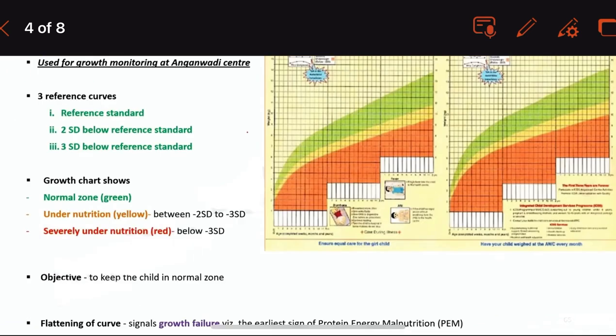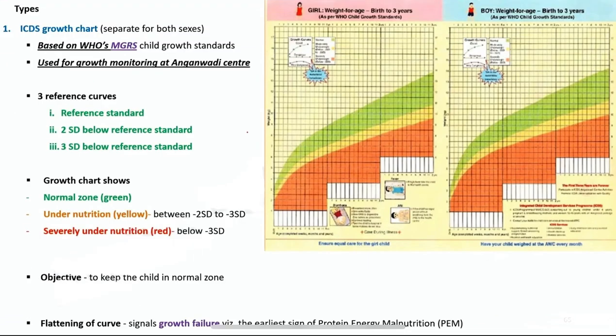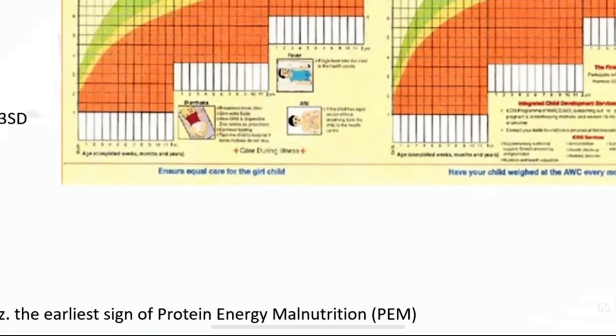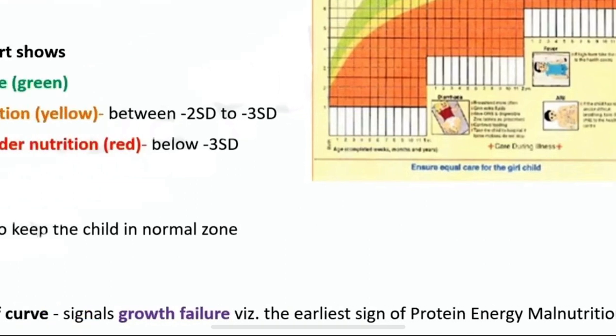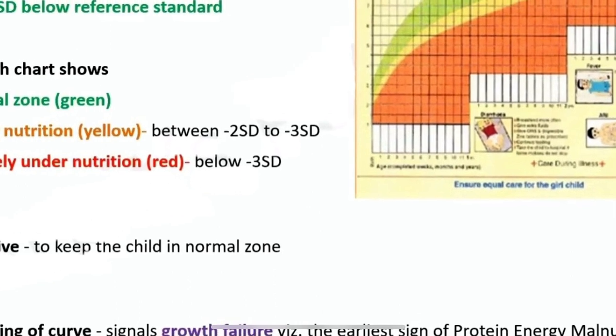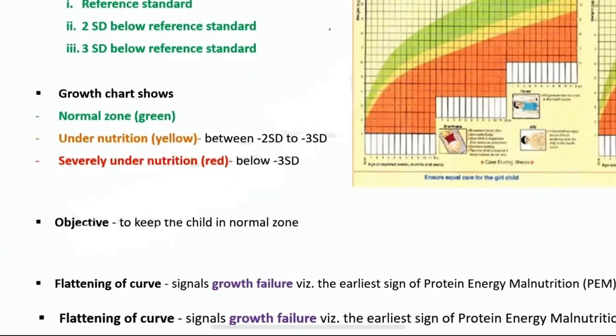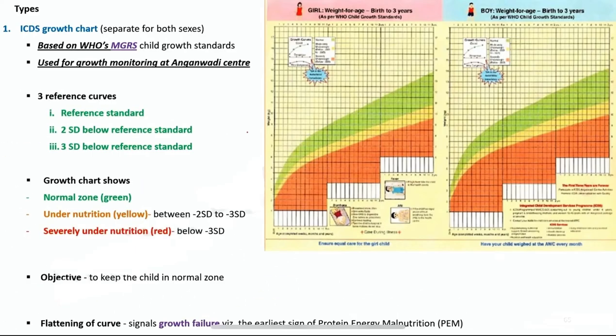So it is a danger sign. It signals growth failure. It is the earliest sign of protein energy malnutrition in children. If there is flattening of the curve, it is a sign of PEM, that is protein energy malnutrition, and it shows growth failure. Clear, guys?